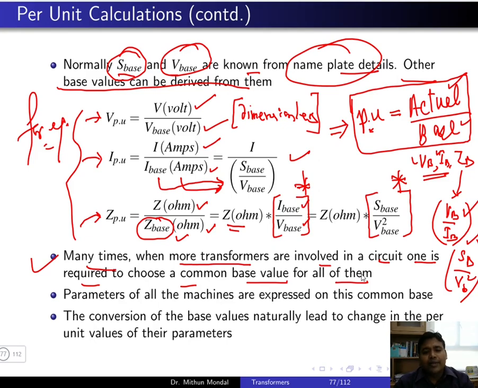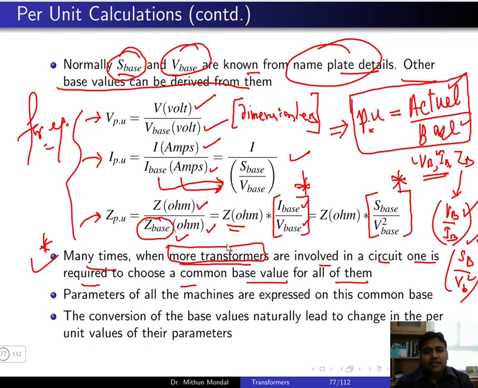Rather, a common base is chosen for the entire system. Now, since our topic of discussion concentrates on the transformer, we will not talk about the power system. Rather, we will take a combination of more transformers. We will not take a generator or a synchronous motor and transmission line.